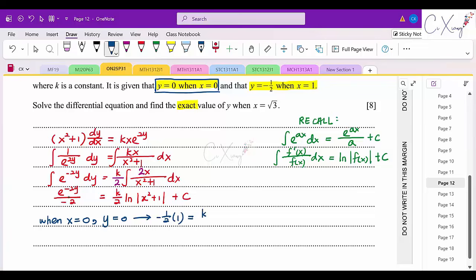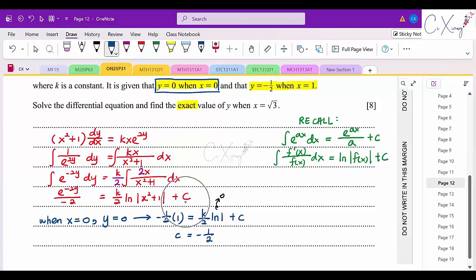So k over 2 is a constant, I just copy it. When x equals 0, x squared plus 1 is 1. So you have ln 1, then plus c. For your information, the value of ln 1 is what? The value of ln 1 is 0. Therefore, what is the value of the c that you get? Your c will be this value, which is negative half.